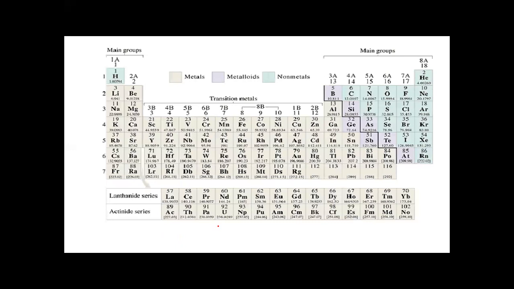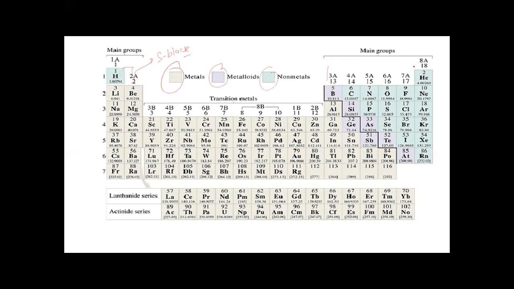Okay, this is the modern periodic table in which there are lots of metals, a few metalloids, and a few non-metals. These green ones are non-metals, these are the metalloids, and the rest are metals. It has the first two groups, which are collectively known as the s block.